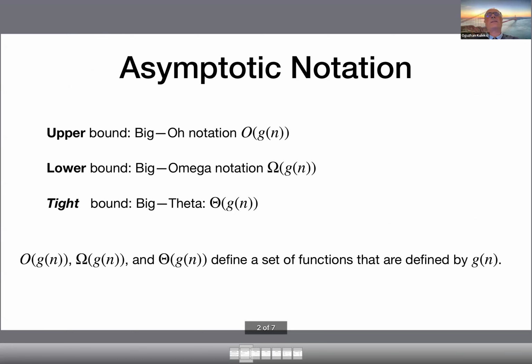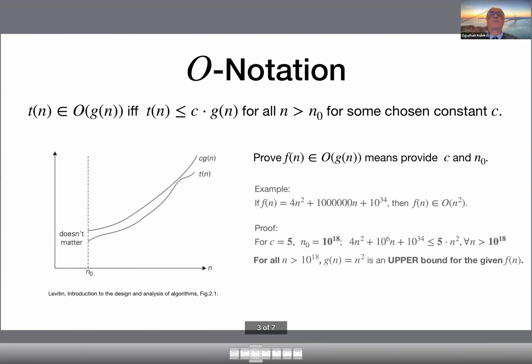So let's go with the big O notation. Here I will say that a function T(n) is an element of big O of g(n) if T(n) is always less than or equal to C times g(n) for all n values that are greater than n0.